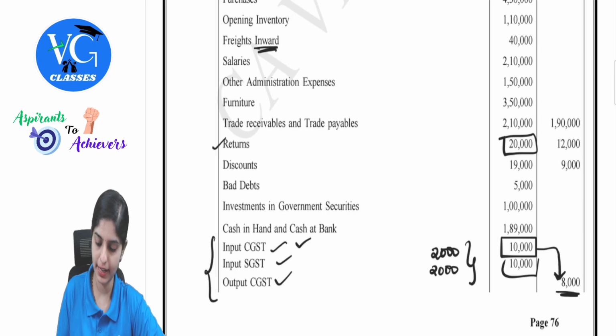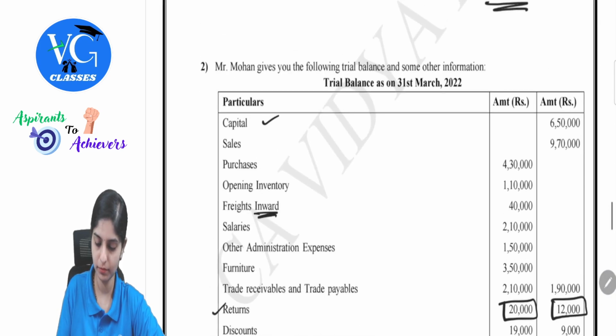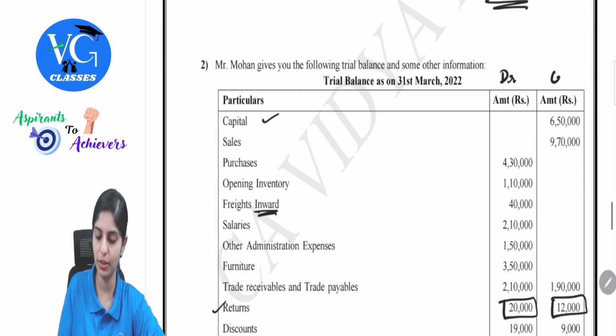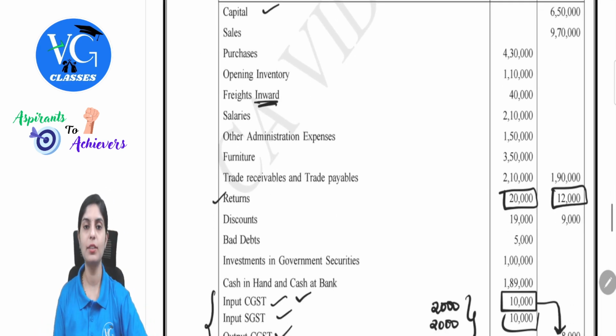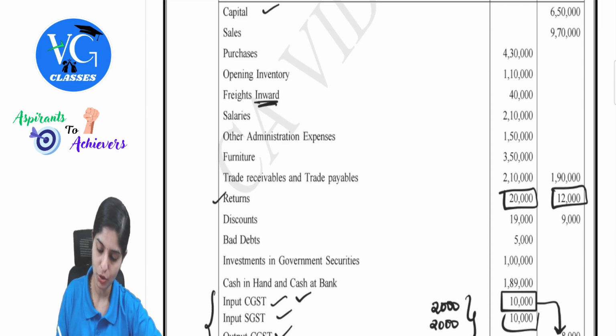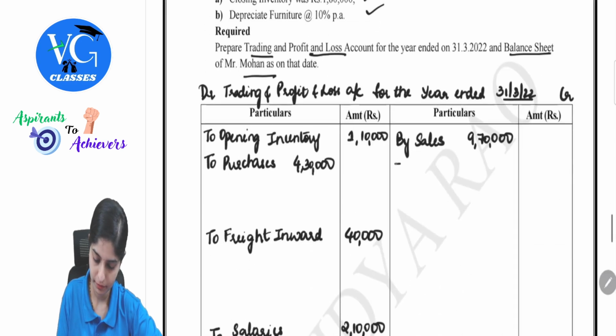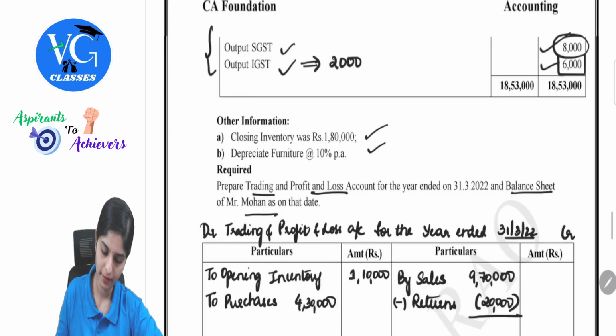Returns on the debit side, returns on the credit side. What does this mean? This is the trial balance, so there will be a debit column and a credit column. Returns on the debit side means a sales return. Returns on the credit side means a purchase return. These can also be called return inward and return outward. So 20,000 is your sales return, minus returns, 20,000.